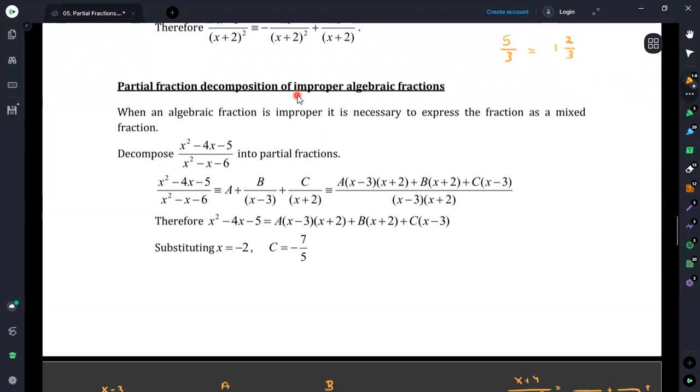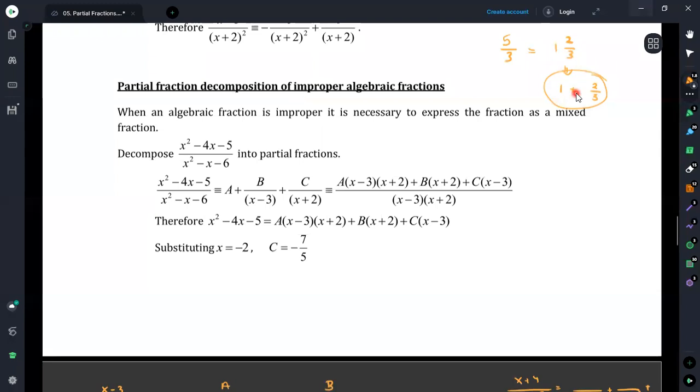Therefore, this can be written as 1 plus 2 over 3. Here we can say it has to be first expanded as a mixed fraction. Then once we convert or show it as a mixed fraction, we can simply write it in this form.